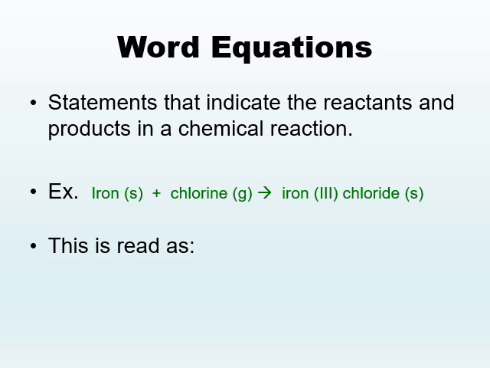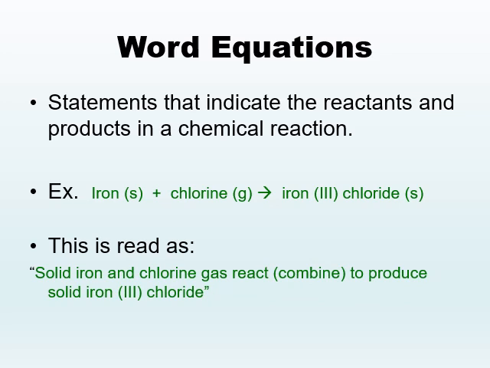Now, dear students, we can write a chemical equation in two forms, in a word form or in a chemical form. Word equations are statements that indicate the reactants and products in a chemical reaction. For example, iron, S for solid, plus sign is used for separating iron and chlorine, G is used for gas, arrow to yields, to form, iron chloride, S for solid.